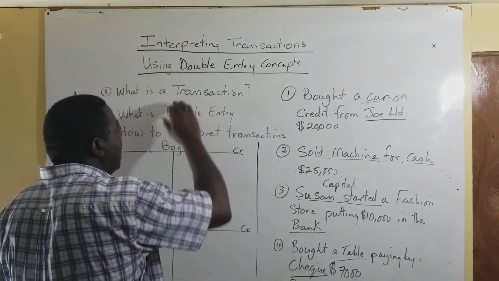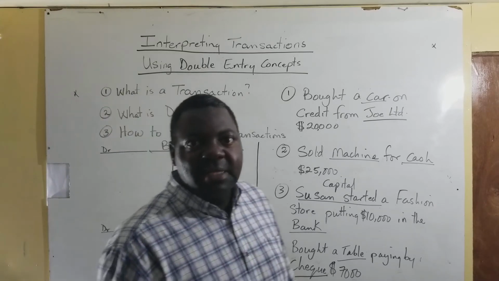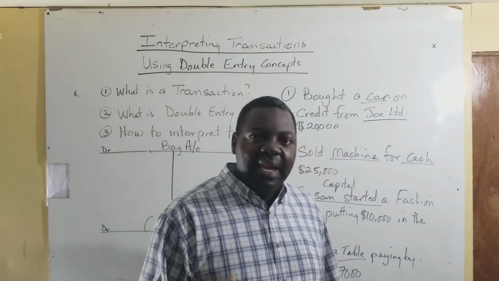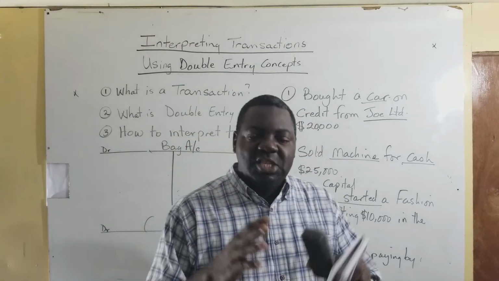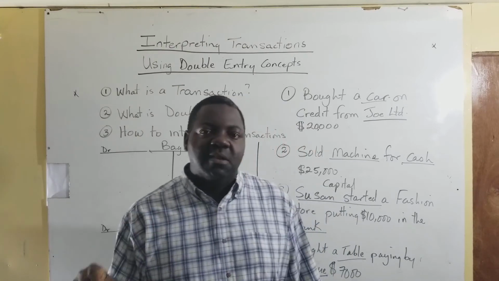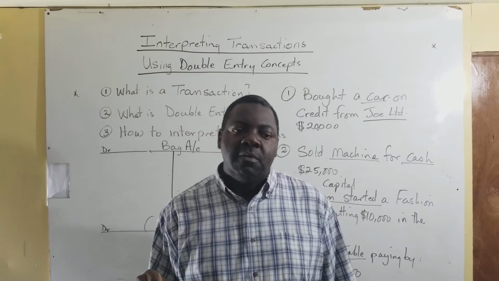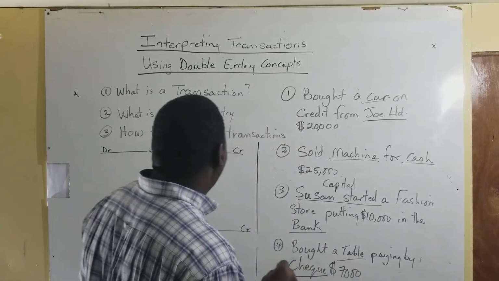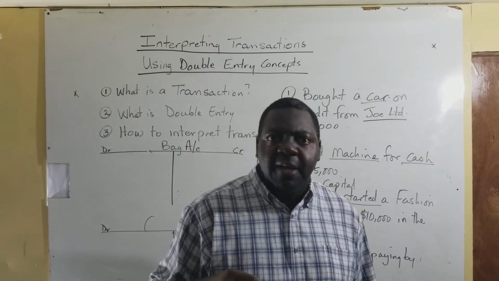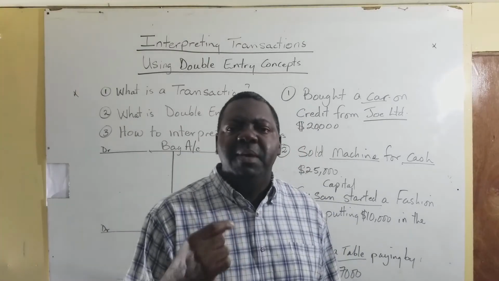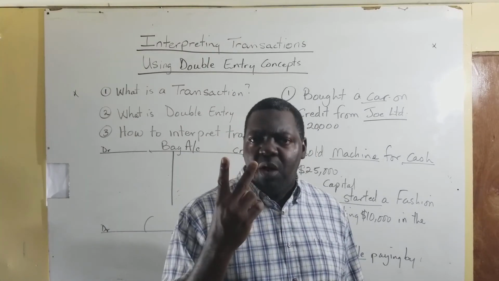A transaction is an activity or a business relationship between 2 or more parties exchanging goods and services for money. And we said that double entry is about recording the information from the transaction in 2 accounts.